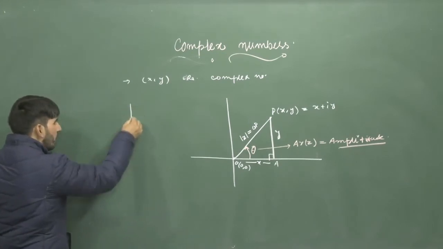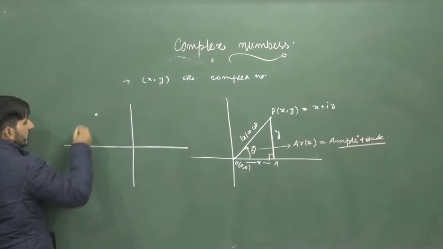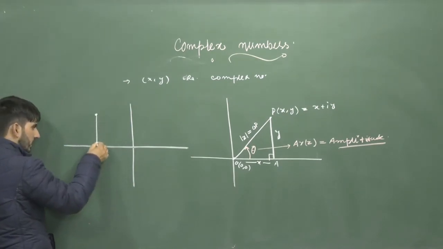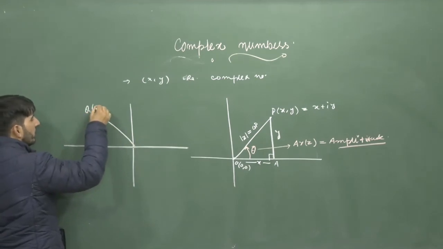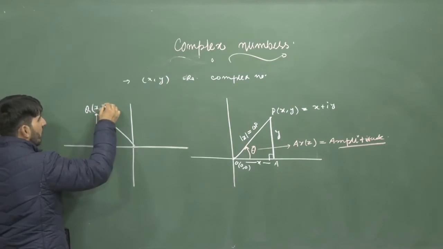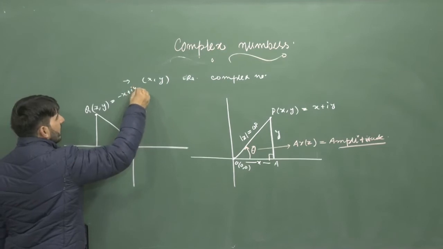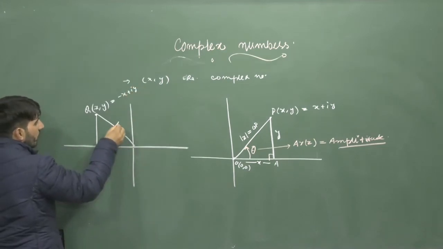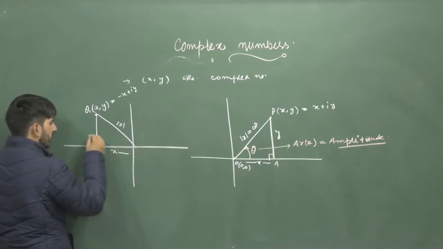If the complex number lies in the second quadrant, say this is point Q, (minus x, y). So this is minus x plus iy. This is again mod of z. This is 90 degrees, this is length x, and this is y.